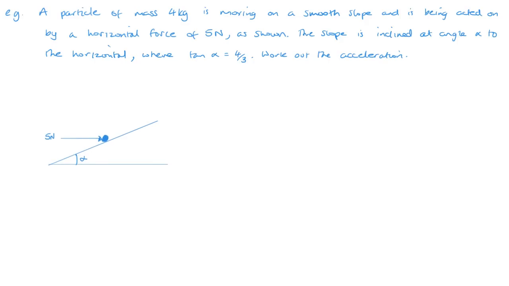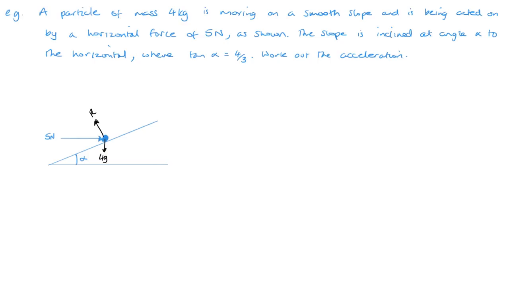And then we need to add a few things to it. So we need to add the normal reaction. Okay, and we need to add the mass. So the mass is 4 kilograms, so it's 4g acting down. Okay, now we need to resolve our forces. So we need to split our forces up into their components.